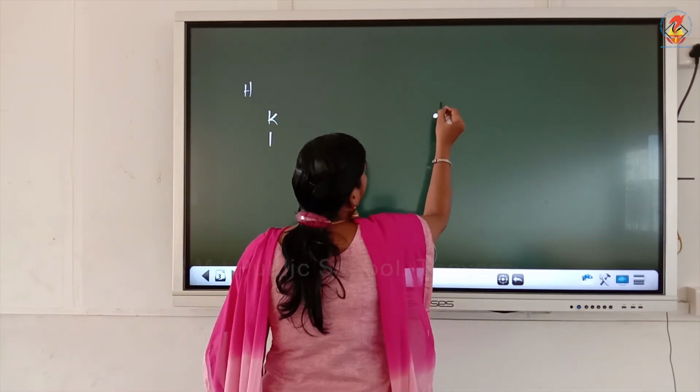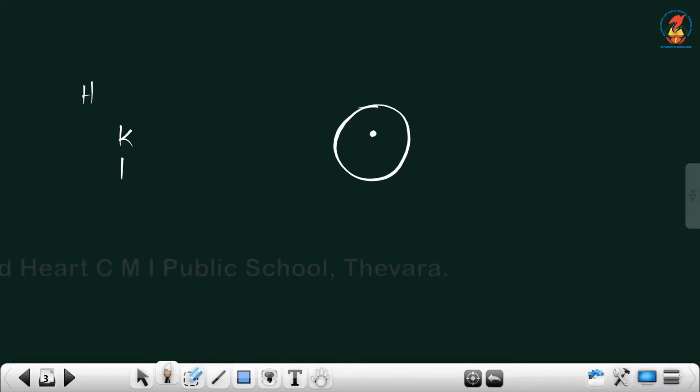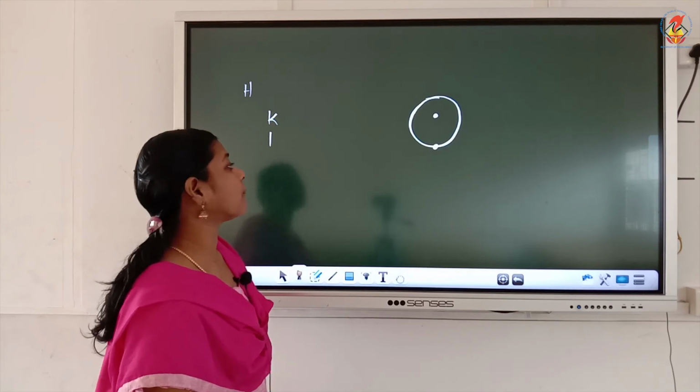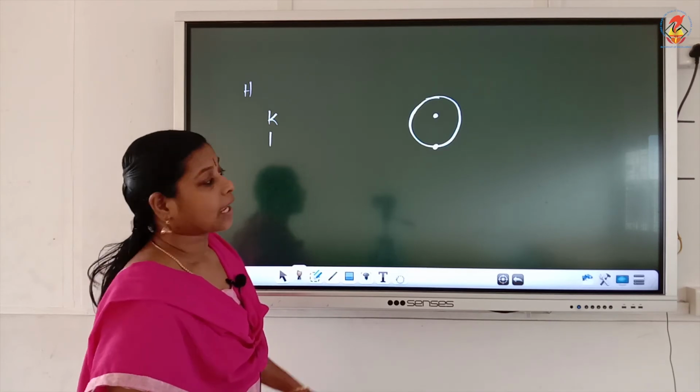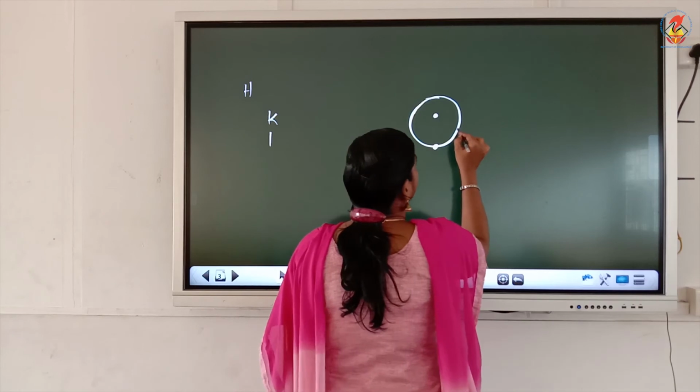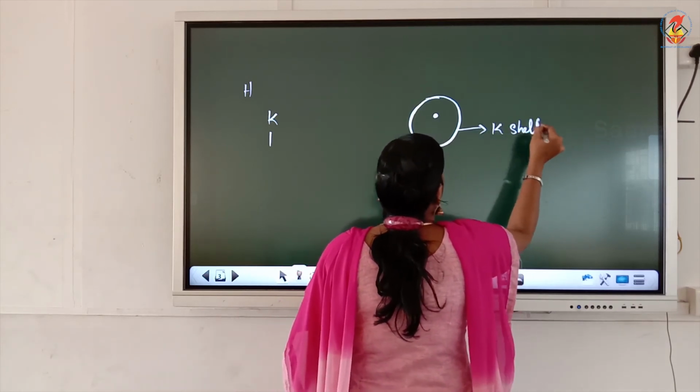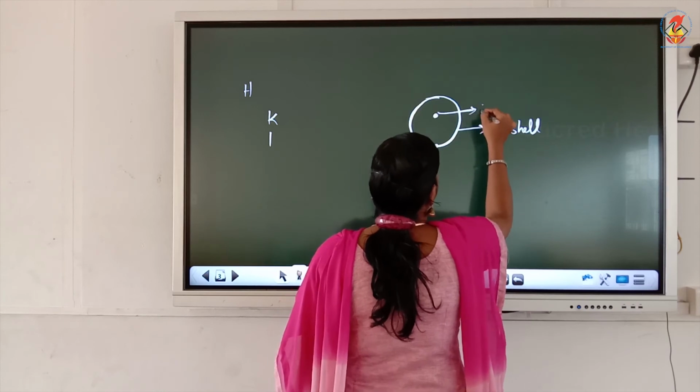This is the nucleus, and this is the one shell, which is the K shell, and we can show the electron. So, this is the structure of the atom for hydrogen. Note the K shell, and this is the nucleus.